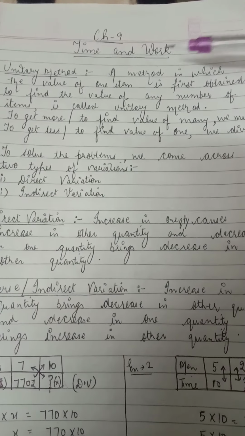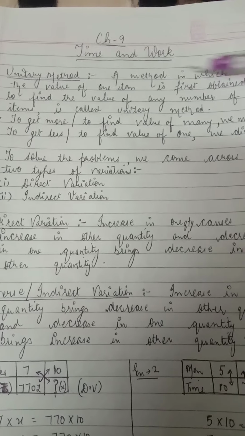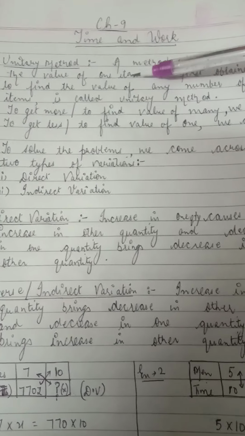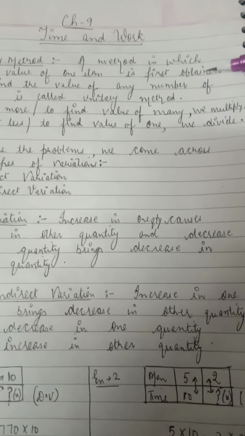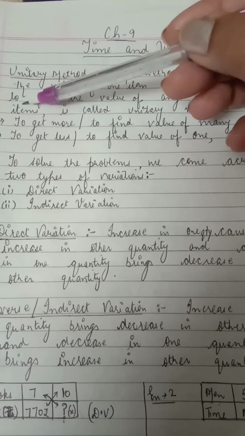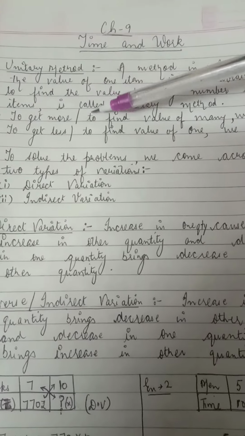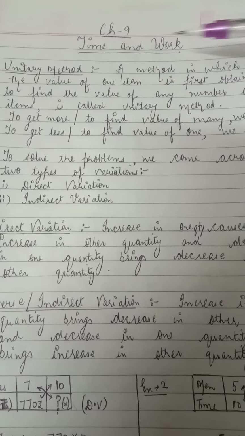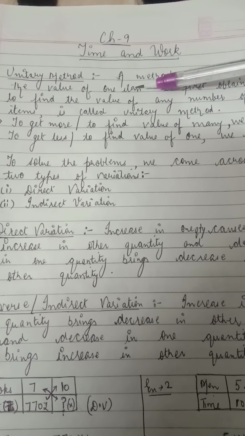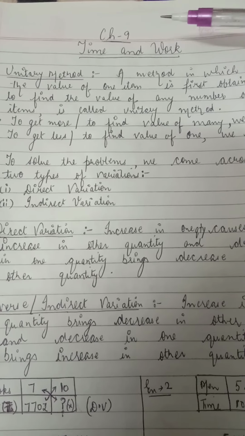Let's just recall it. A method in which the value of one item is first obtained to find the value of any number of items is called unitary method. So the first thing you do is you find the value of 1 and then you find the value of many.